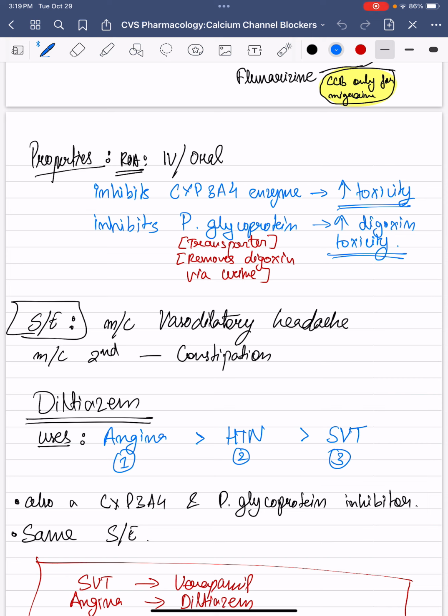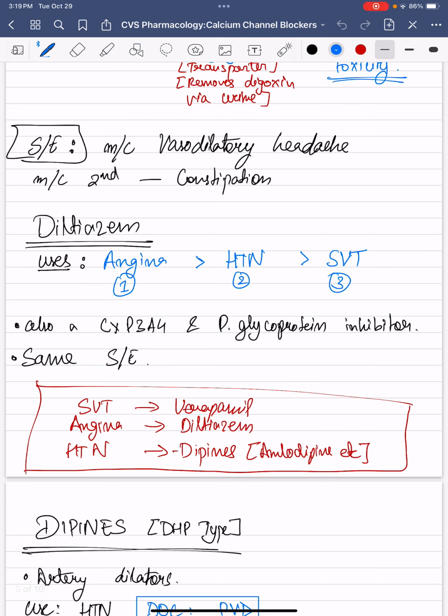The side effect of verapamil is vasodilatory headache, and the second most common is constipation. Now let's study the second non-DHP type, that is diltiazem. First it is used in angina, then it can be considered in hypertension, and it can also be considered in supraventricular tachycardia.